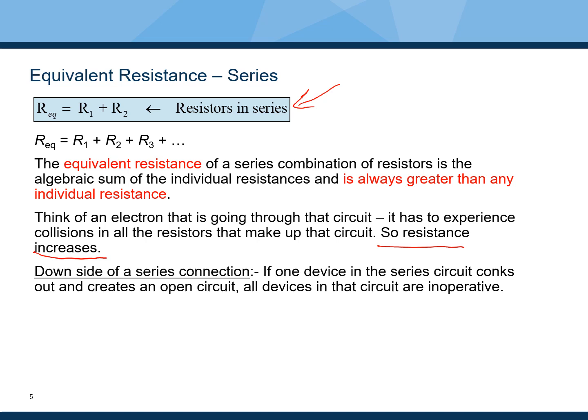Now, despite your willingness to connect devices in series, there's actually one practical deficiency associated with connecting things in series, which is that if one device in the circuit conks out, it basically creates an open circuit, and all the devices in that circuit then become inoperative.